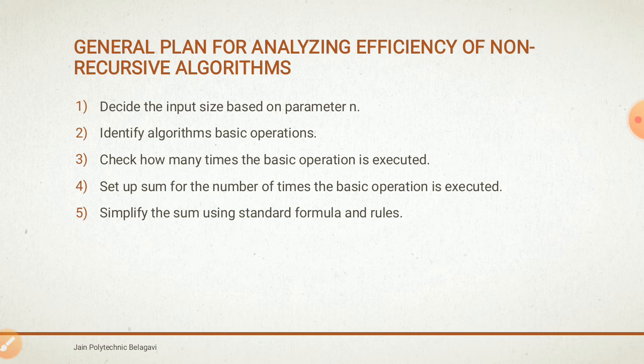Once you set up the sum, you have to simplify it with the help of standard formulas and rules. These are the 5 steps we go through for analyzing non-recursive algorithms.